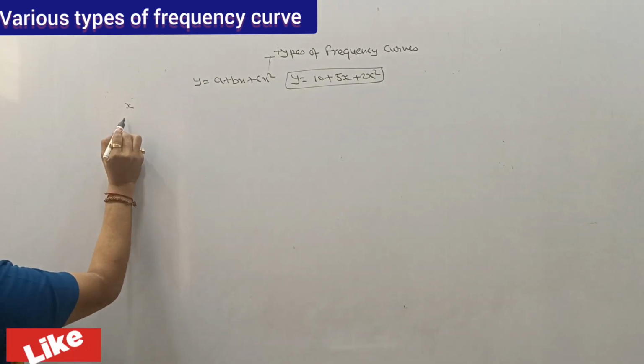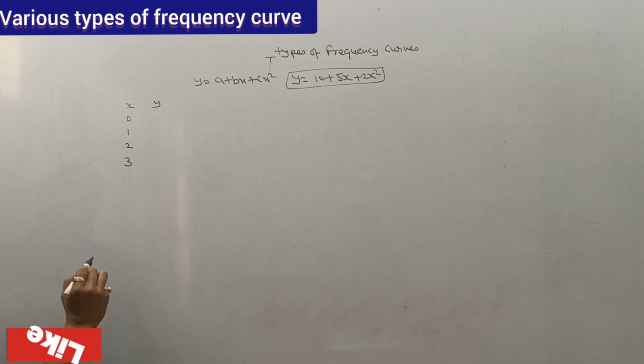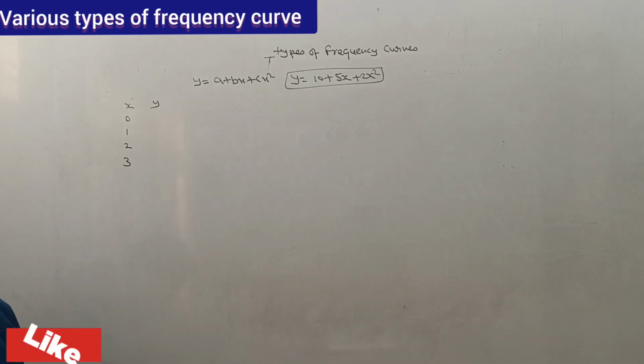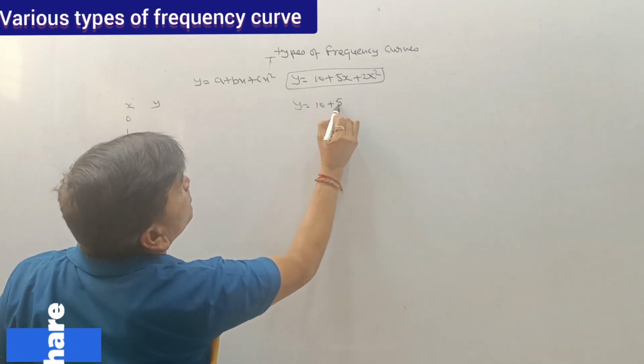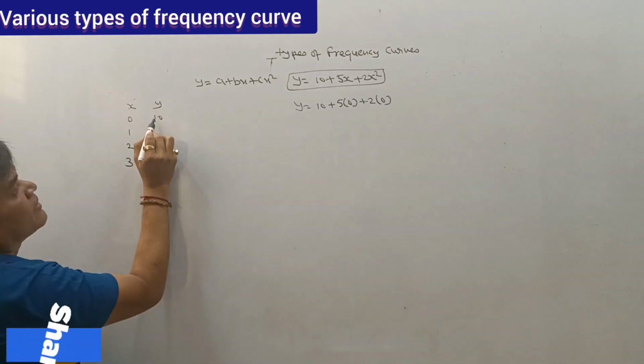So putting the values of x as 0, 1, 2, 3, we find the value of y. Putting x as 0, y is 10 + 5 × 0 + 2 × 0, that is 10.